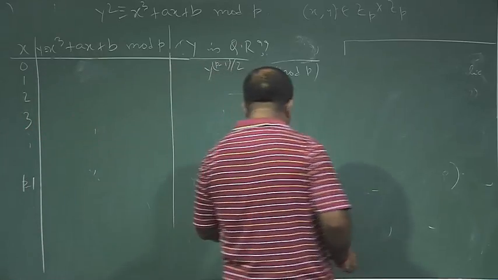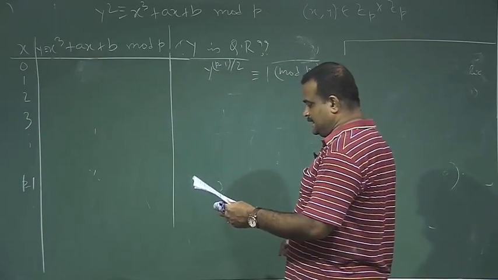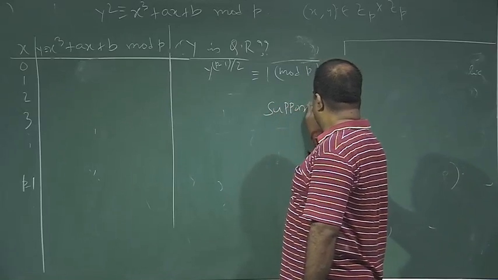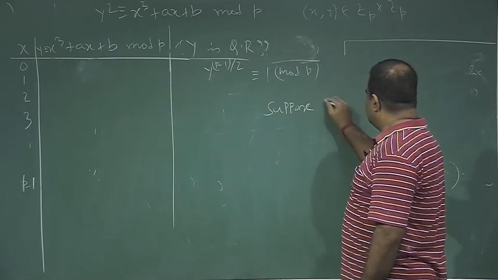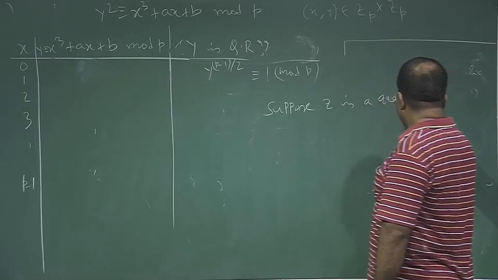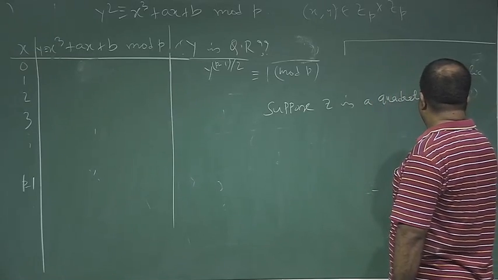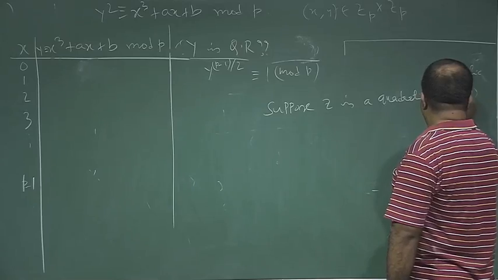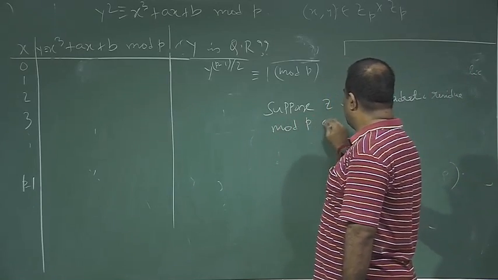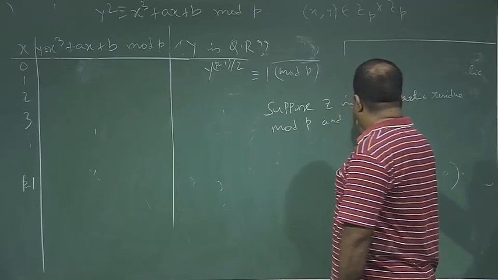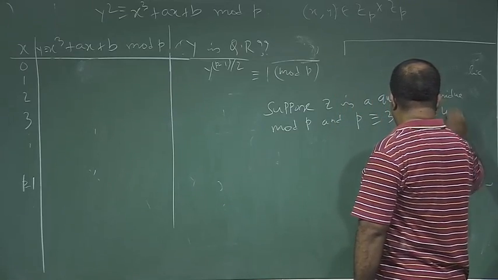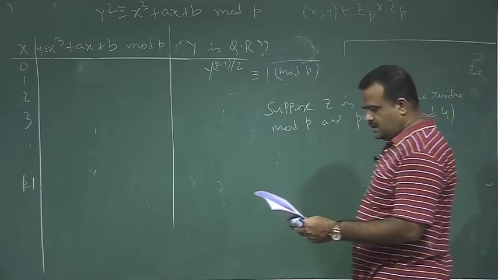So, here is a theorem. Suppose z is a quadratic residue mod p, and p is congruent to 3 mod 4. This is a particular case.